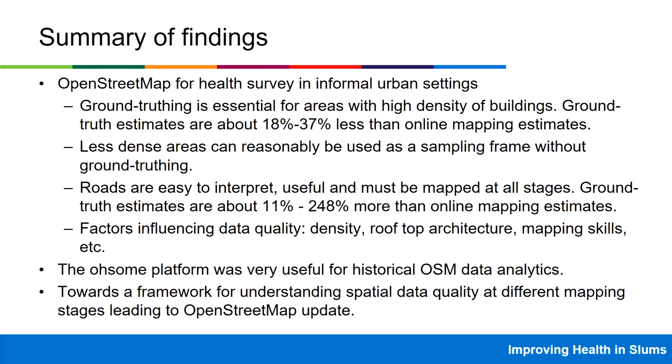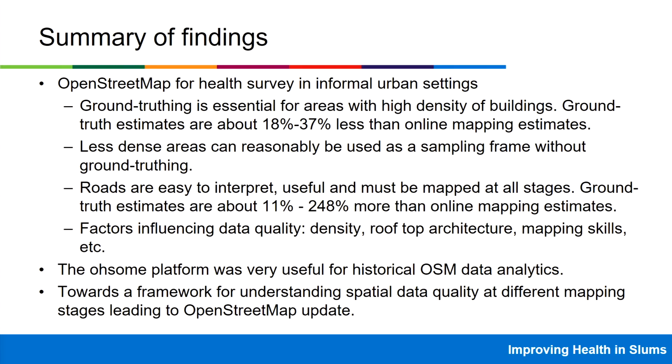They were all useful in a way. For the roads, like I said earlier, in terms of the common pattern across stage 2 and stage 3, we found that the ground estimates, or stage 3 estimates, are about 11 to 248% more than the online mapping estimates.